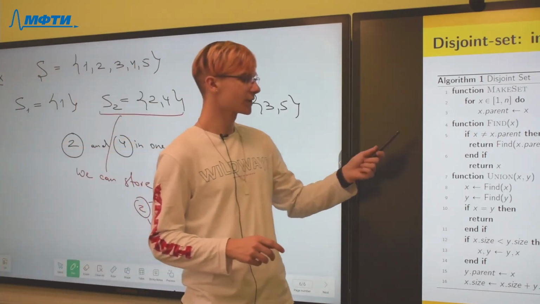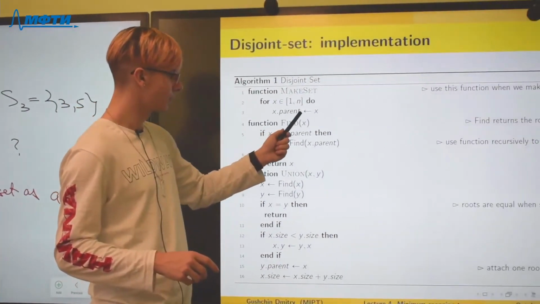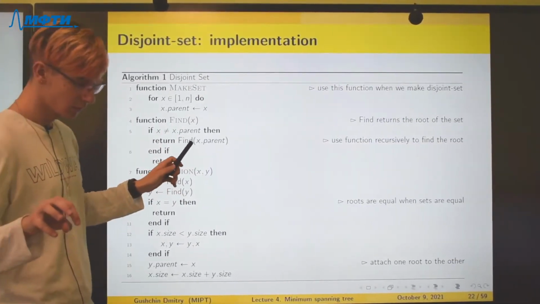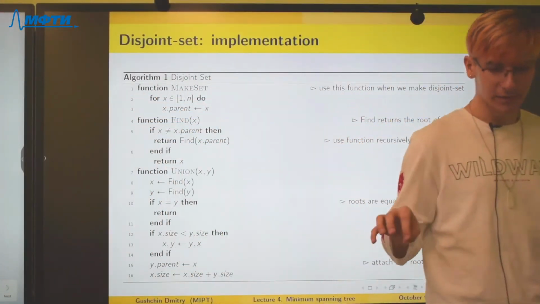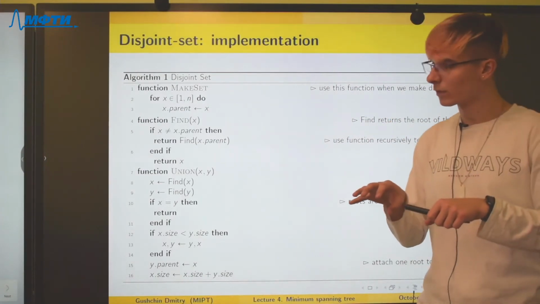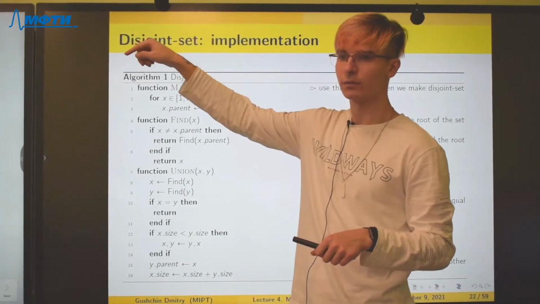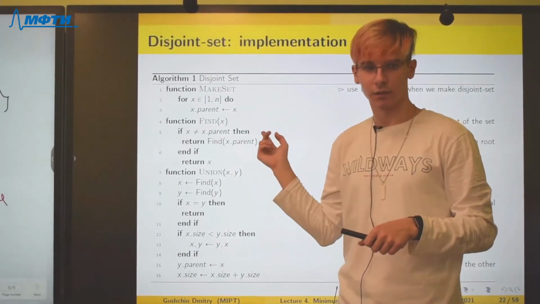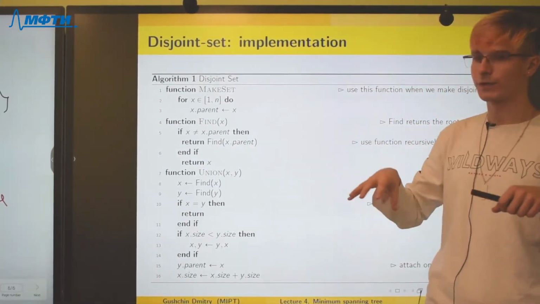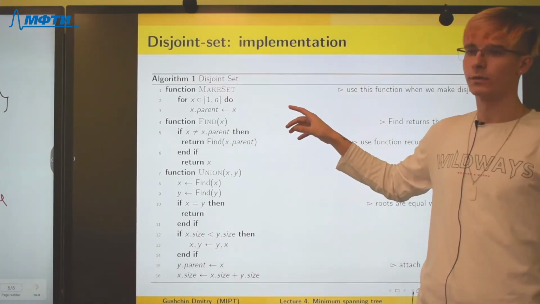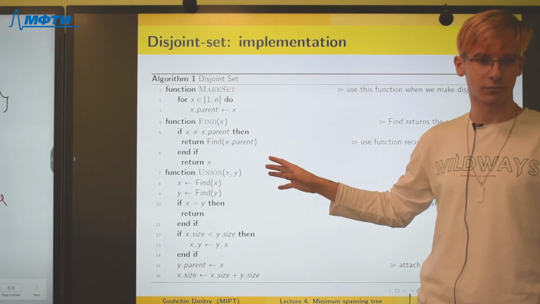It is important that if we call the find function on different vertices and compare the results, then if the vertices are in one component, the parents are equal, and if the vertices are in different subsets, the parents will be different.